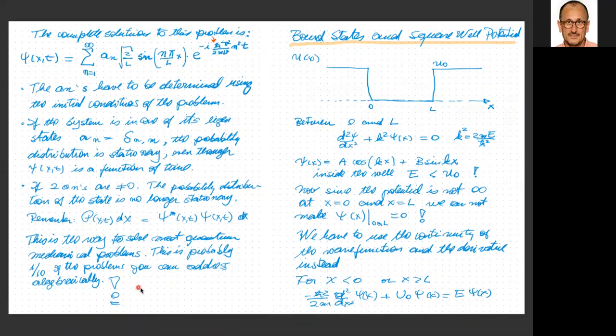Okay, and this is sort of, I was less optimistic when I wrote this line here. It says, this is the way we solve most of the quantum mechanical problems.